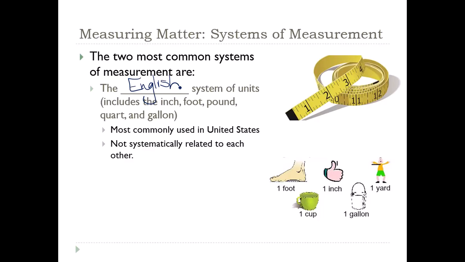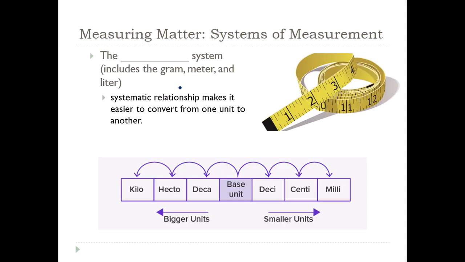One major disadvantage of this system is that these units are not systematically related to each other. There's no systematic relationship between the units, so it's not an easy conversion like in the other system of measurement we will talk about, which is called the metric system.